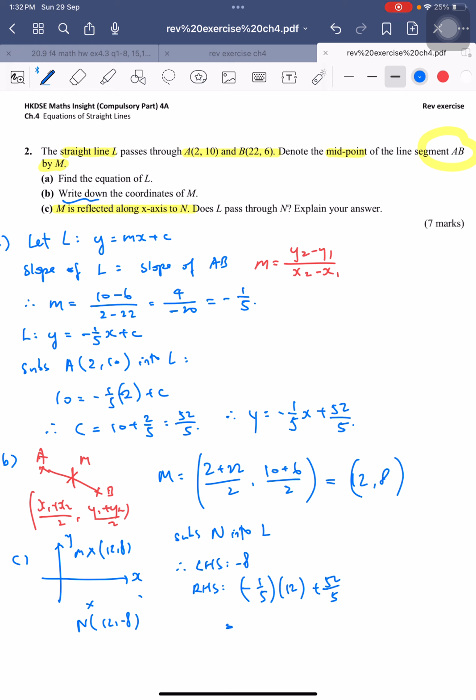That gives you negative 12 plus 52, giving you 40 divided by 5, which is equal to 8. So it's not equal to the left-hand side. So we can say that L does not pass through N. Okay, so that's for question 2.